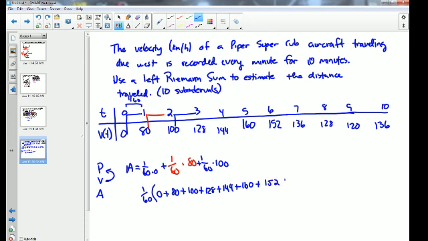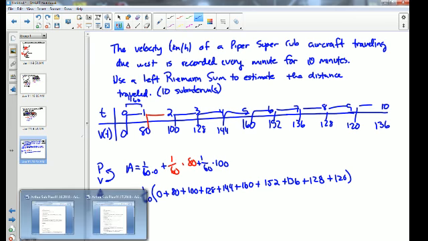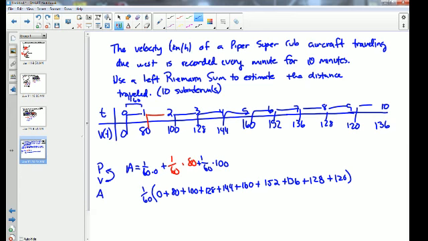Which number do I need to stop at? 136. Not 136, 120, because it's a left sum. Now feel free to write out this version up top. It's just a lot easier to do the bottom one.